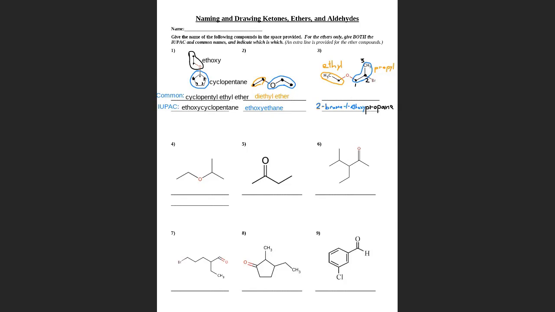So propyl is the root name, but P comes after E. So I'll name it in orange: ethyl 2-bromopropyl ether.